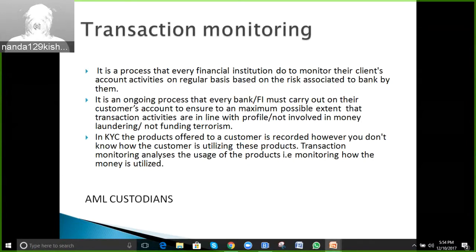However, it is always important that we look into the source of funds. Your source of funds can be legitimate, but we do not know, because AML will also involve terrorist financing, anti-money laundering and counter-terrorist financing. This is what our job is. Terrorist financing can involve funds which are generated legitimately also.